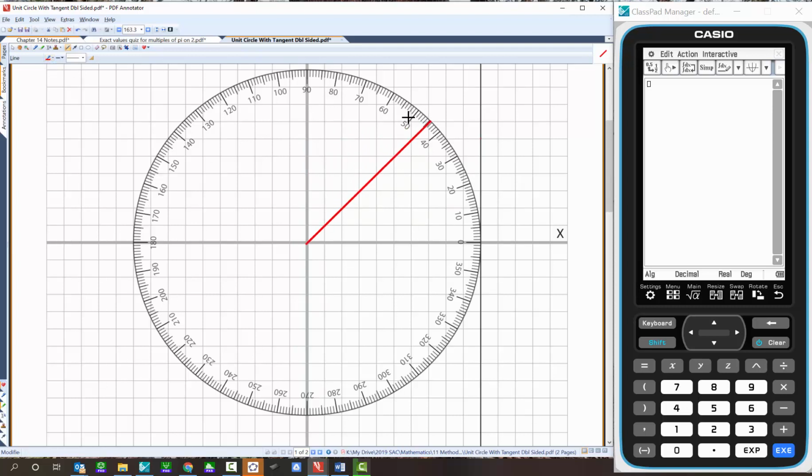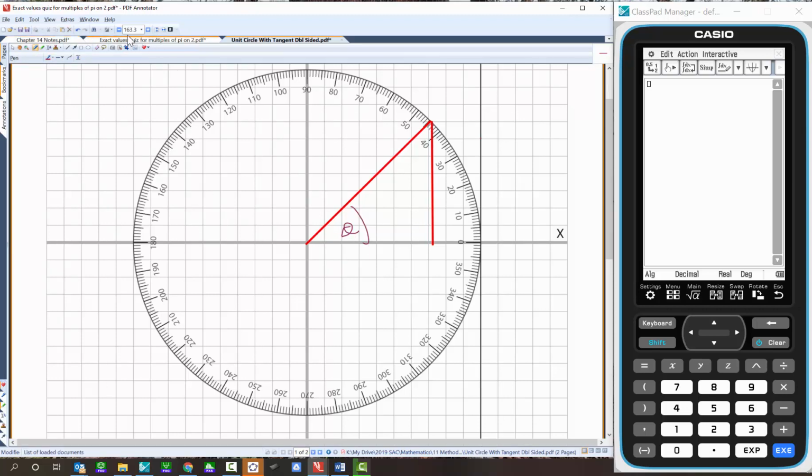So that would be where we're going to hit. So this sine value here, that value there is 0.6. And we'll just say that this is theta over here, at this angle here.